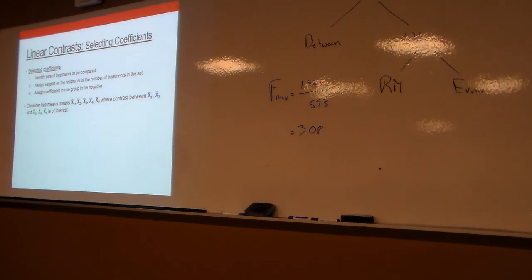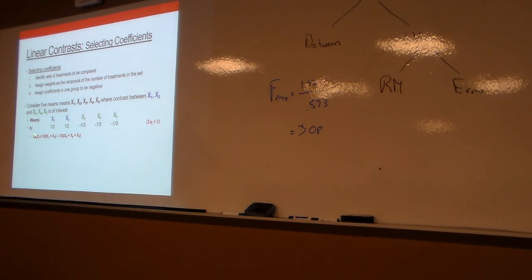So if I've got 5 means, X1 to X5, and I want to contrast the first 2 against the last 3, we've got 2 means in this group, 3 means in this other group. We say 1/2, 1/2, 1/3, 1/3, 1/3. I expect these 2 to be larger than the average of these 3, so I assign those to be negative. Everything lines up. Those are my contrasts.